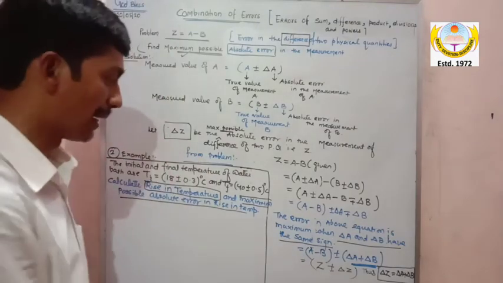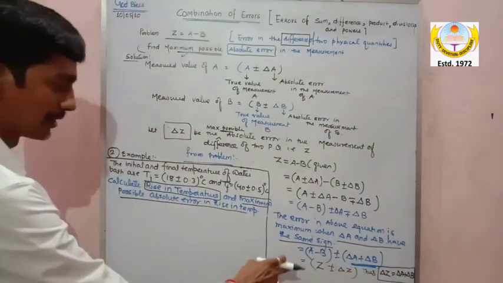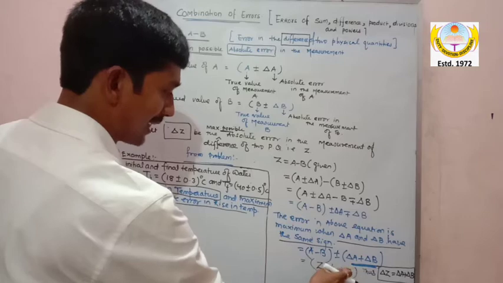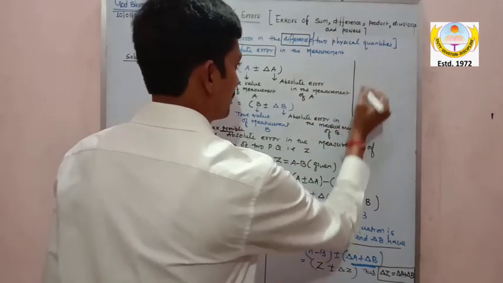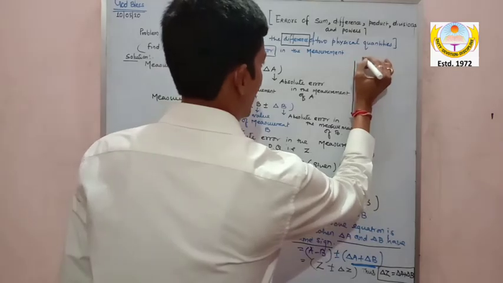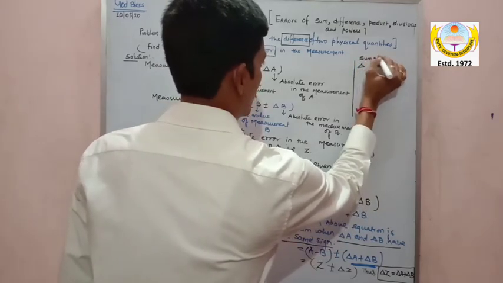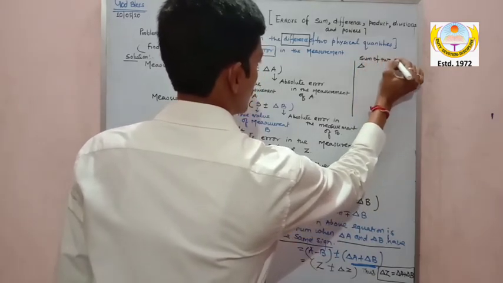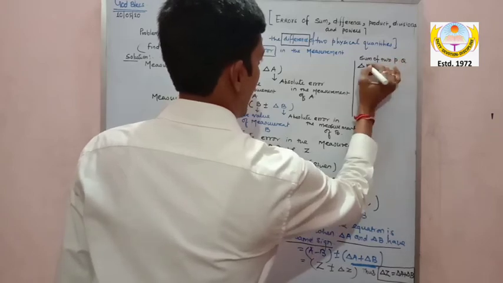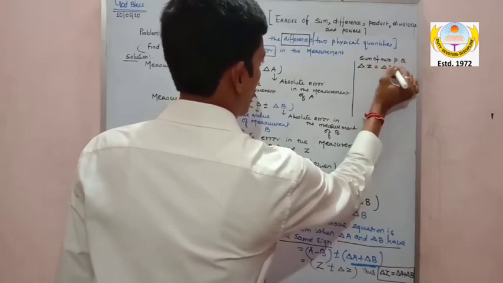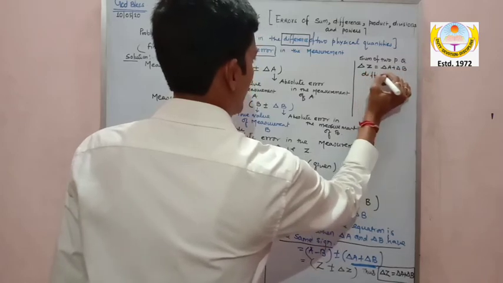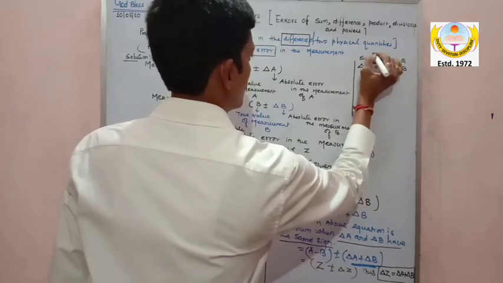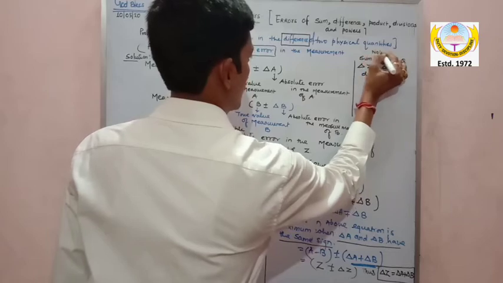Okay. So now my dear, this is the answer for this question. And here the answer again, delta Z value is delta A plus delta B. So either it is a sum or it is a difference. Either it is a sum of two quantities, error delta Z will be delta A plus delta B, or it is a difference of two quantities. This is note.